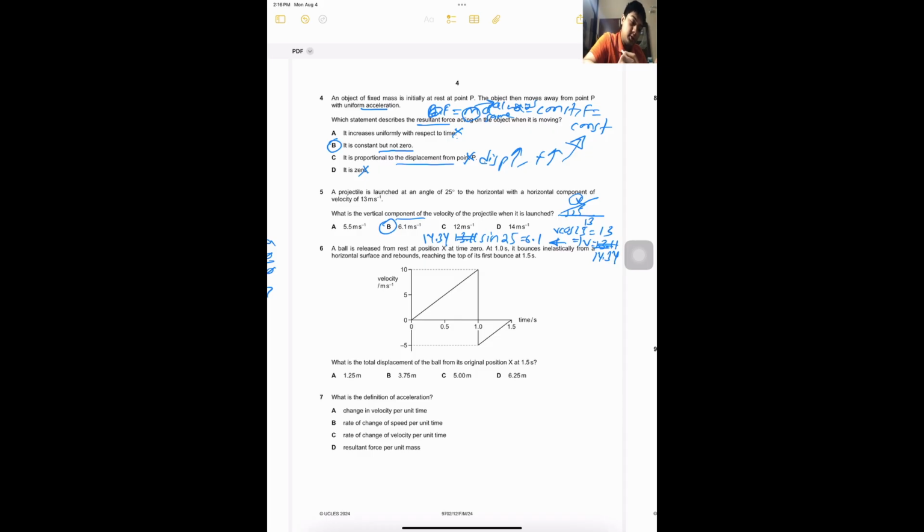Okay, a ball is released from rest at position X at time 0. At 1 second it bounces inelastically from a horizontal surface and rebounds, reaching the top of its first bounce at this time. What is the total displacement of the ball from its original position X to this point?